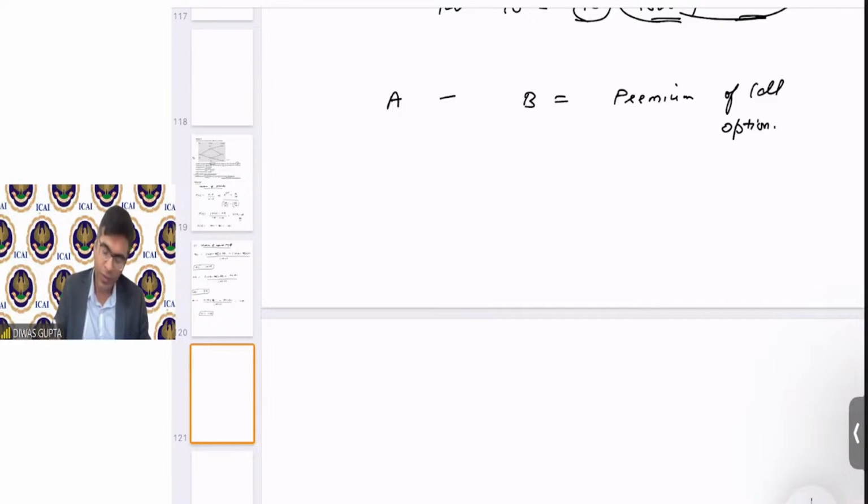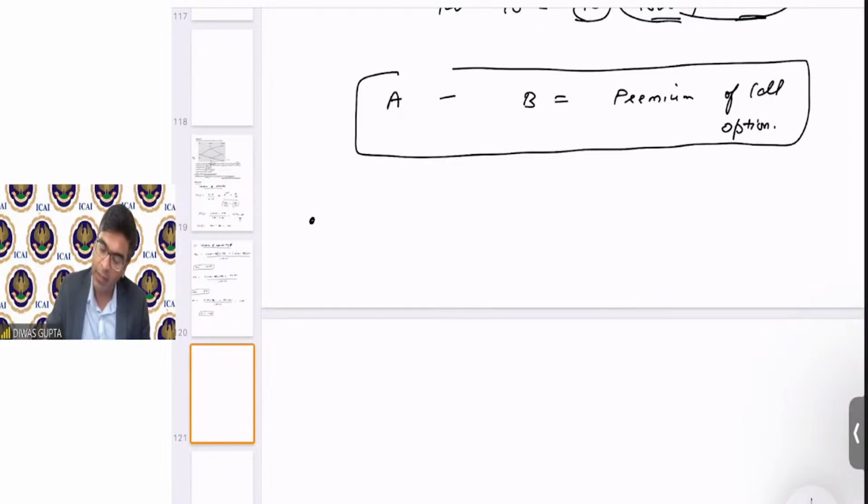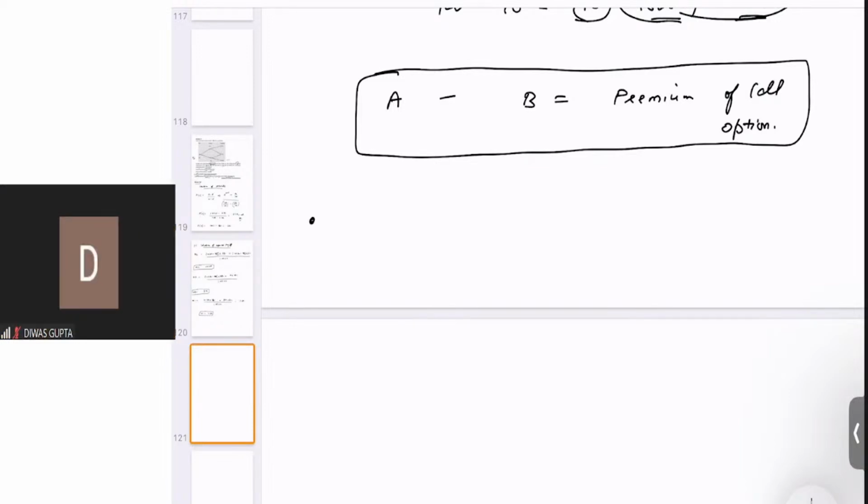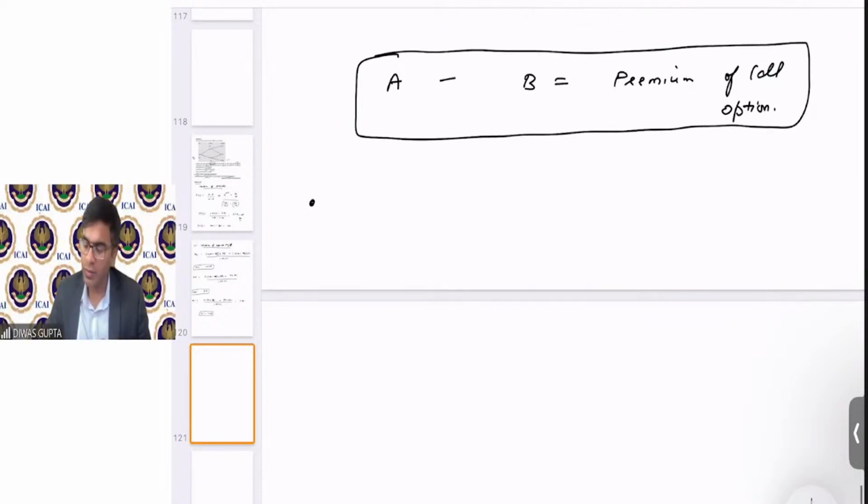Now we will use this basic formula and we will arrive at the Black-Scholes model. So A minus B is equal to the premium of call option.